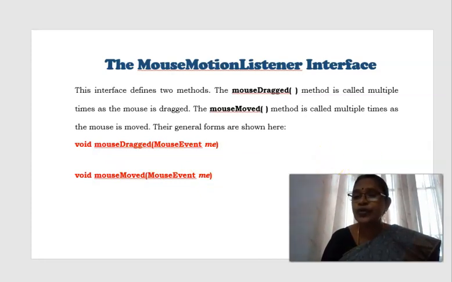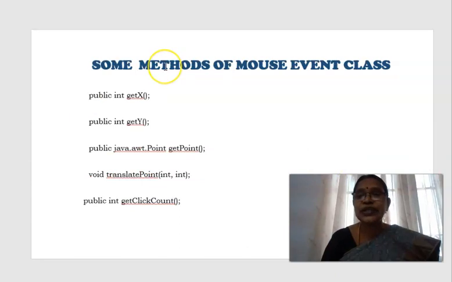And there are a few methods associated with the MouseEvent class. You all know the MouseEvent class is also present in the java.awt.event package. Some of the important methods which we use very often are getX and getY. getX will get the x coordinate on the screen where you perform some operation with the mouse, where you click the mouse, or where you press the mouse down, or where you release the mouse.